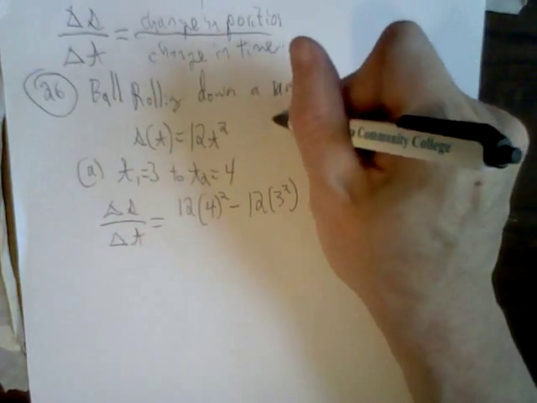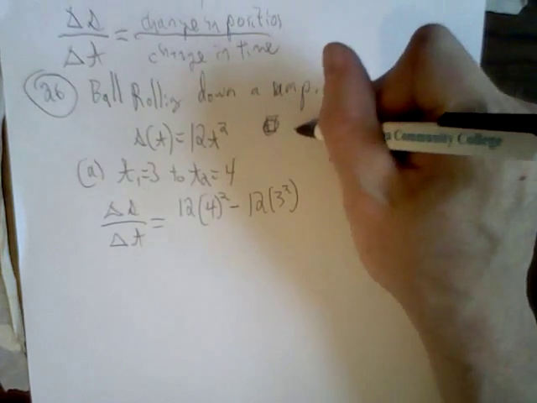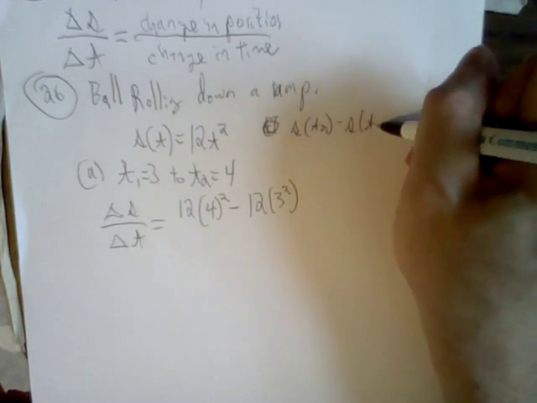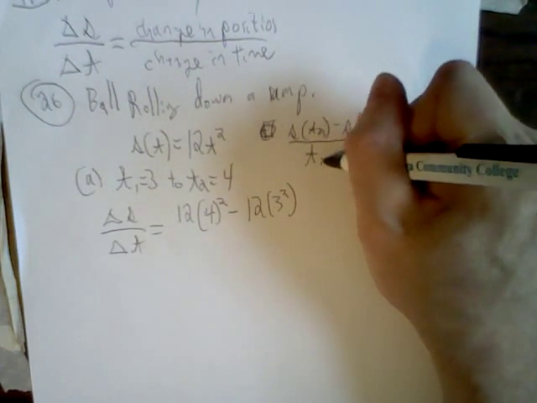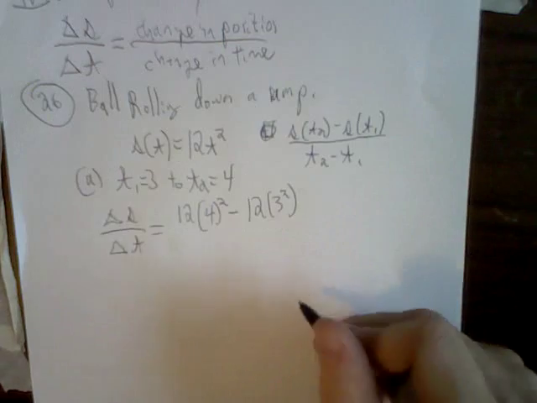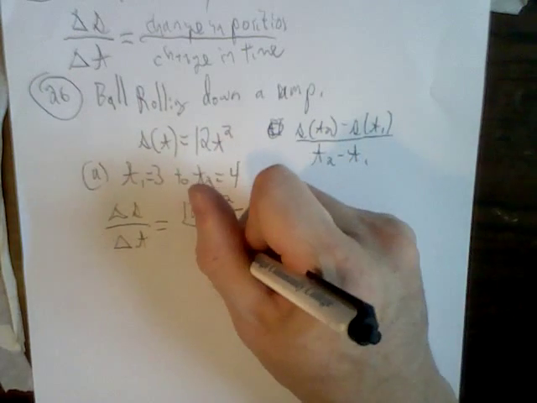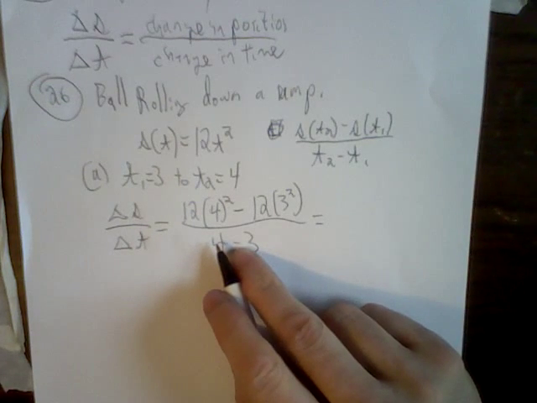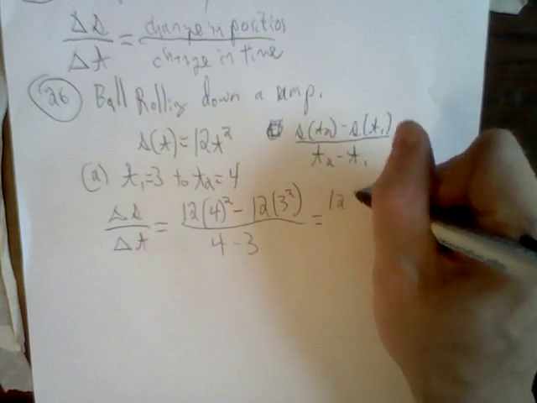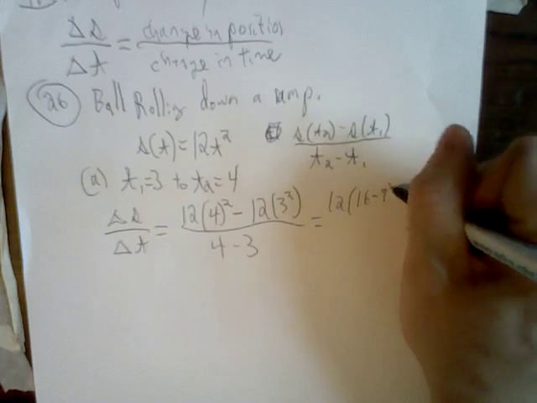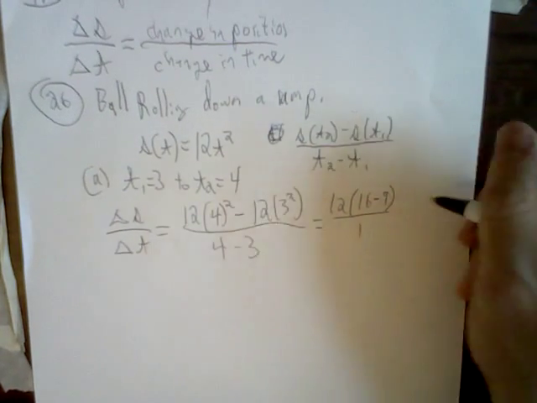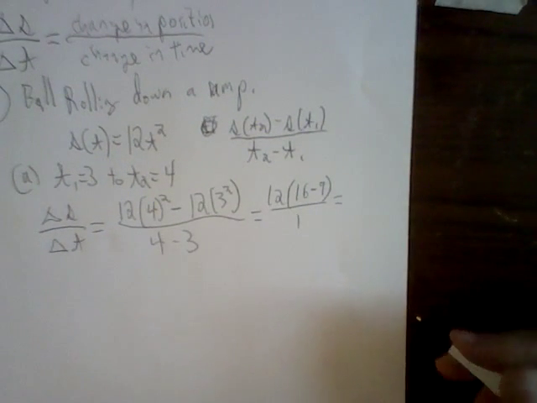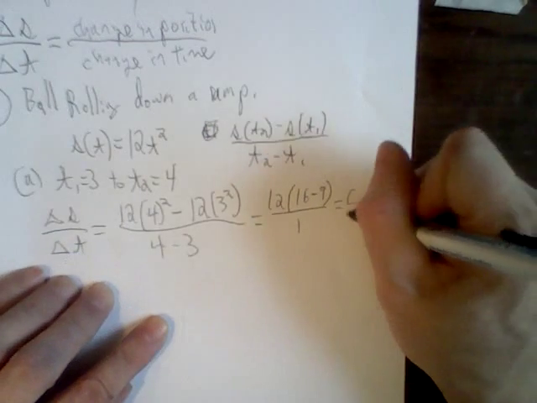Again, this is our formula, s of t2 minus s of t1 all over t2 minus t1. So we have this all over 4 minus 3. Let's factor out the 12, so we'll have 16 minus 9 all over 1. 16 minus 9 is 7. 7 times 12 is 84.